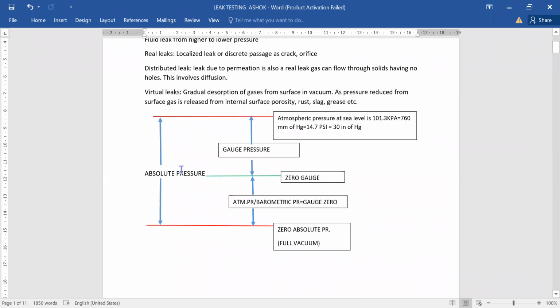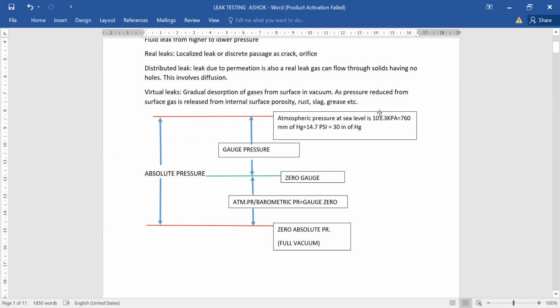So this is absolute pressure. Gas pressure, this is zero gas. If you are putting a pressure gauge, that is the gauge pressure, what the reading is coming. So absolute pressure is gauge pressure plus barometric pressure. This is zero absolute pressure, full vacuum.